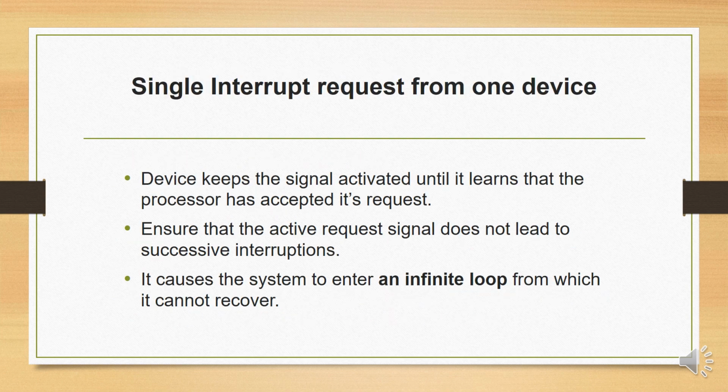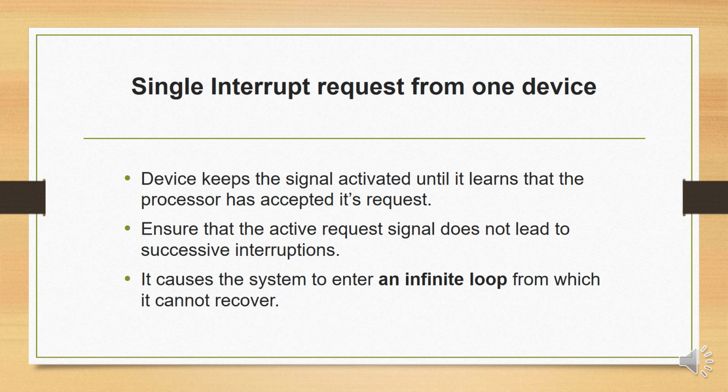Next, let us see a specific case of a single interrupt request from one device. When a device activates the interrupt request signal, it keeps the signal activated until it learns that the processor has accepted its request.